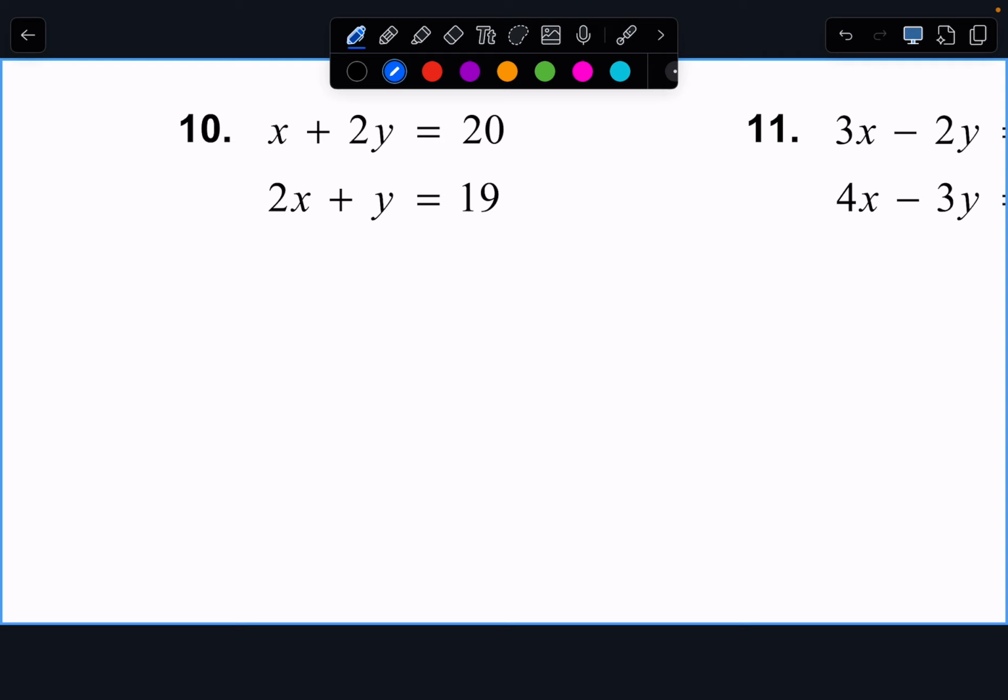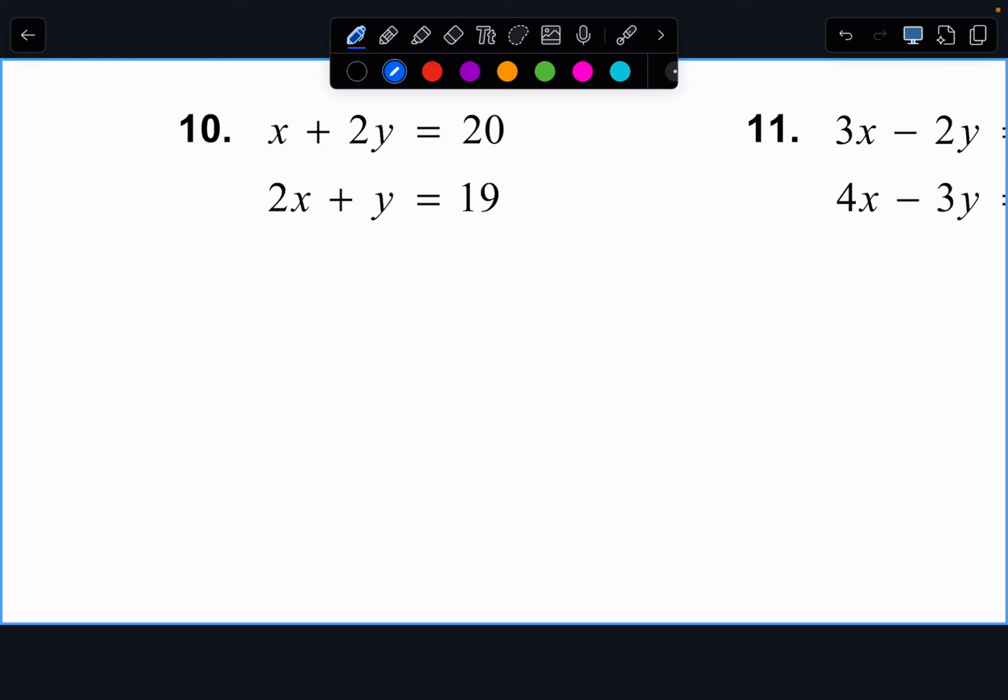If you are not organized, you are going to make a mistake. So, my first question, do we have opposite coefficients? So we are going to have to choose a variable in order to force that to happen.